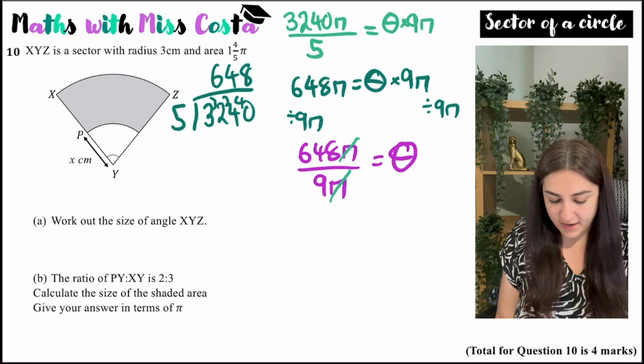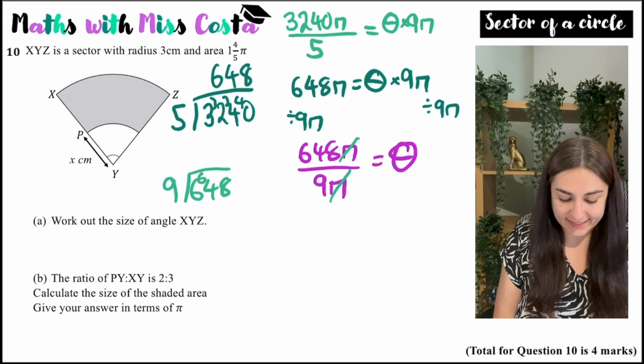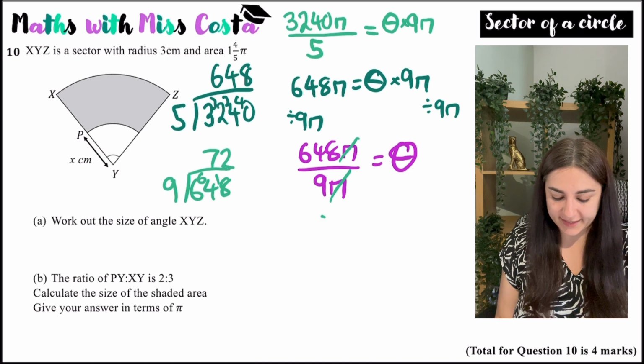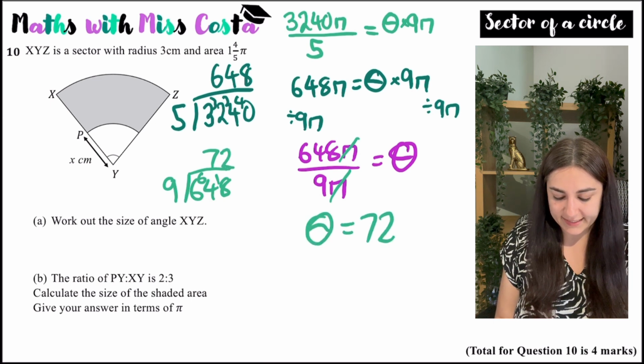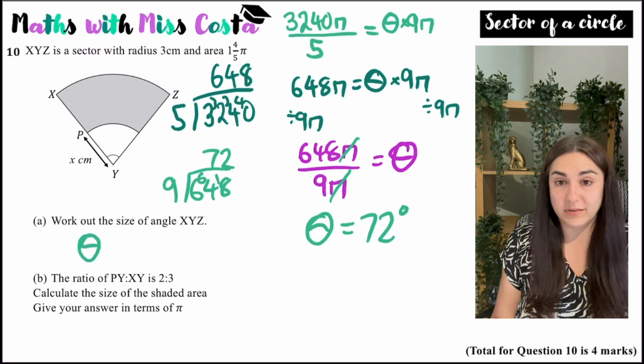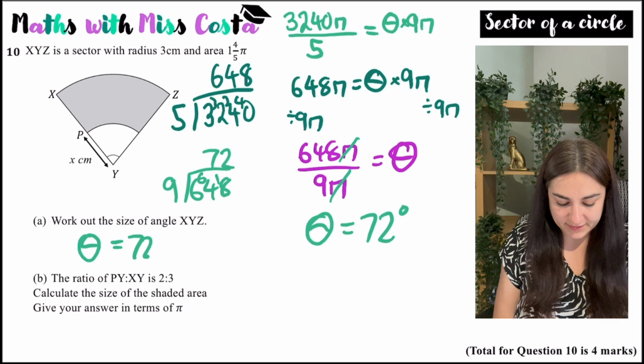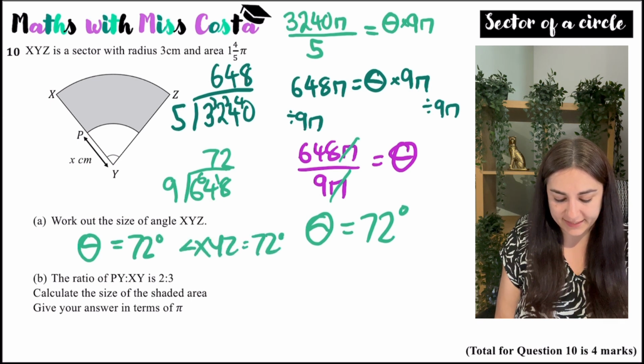Pi divided by pi cancels out, and I'm just left with 648 divided by 9. 9's into 6 don't go. 9's into 64 go 7, remainder 1. And 9's into 18 go twice. So therefore theta is 72 degrees. Remember, theta is just a mathematical symbol for an angle. So theta is 72 degrees, or you could say angle XYZ equals 72 degrees.